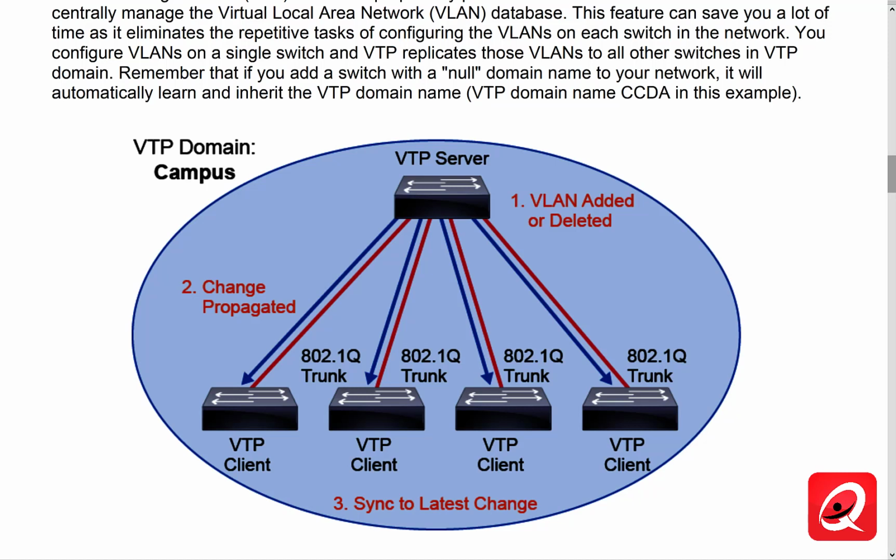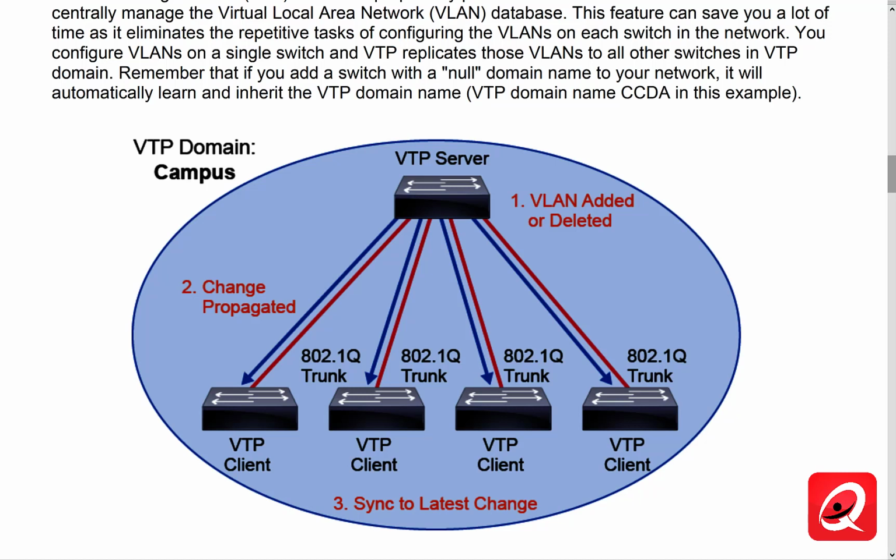Simpler in the sense that it allowed us to take our VLAN database, the names of our VLANs, the VLANs that we're creating, not the host port configurations, not the trunk port configurations, but the VLAN.dat file, that VLAN database file that's stored in VRAM. And it allowed us to take that information and duplicate it on other members of the same VTP domain.